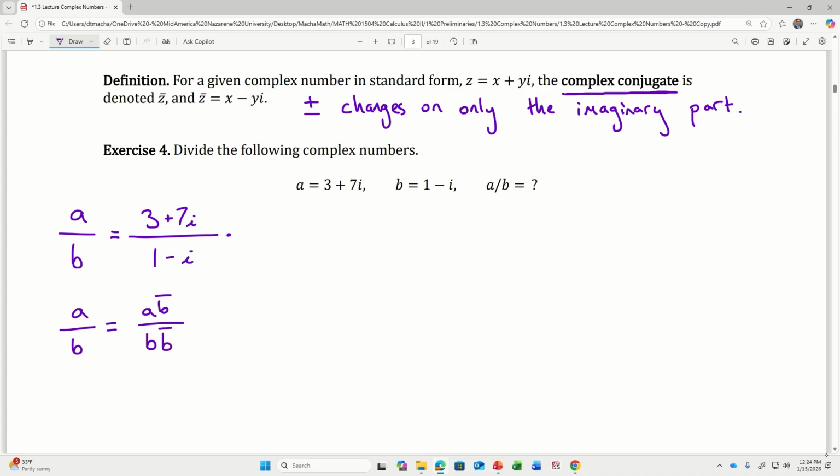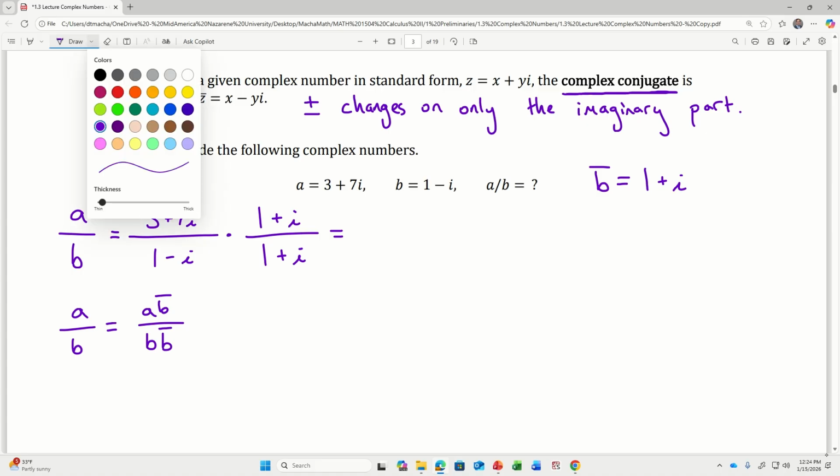So what is the conjugate of b? What's b conjugate? 1 plus i. So the plus or minus sign changes on just the imaginary part, and I get 1 plus i. And that means I have to multiply in the numerator, and I have to multiply in the denominator.